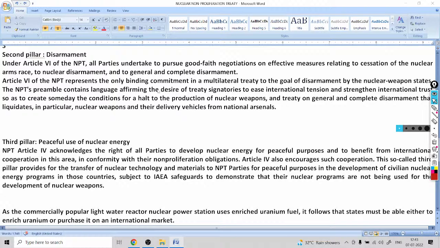So on disarmament, the overall aim is to see that countries will try for disarming nuclear weapons in particular, as well as go for not only weapons but the delivery mechanism. Okay, the delivery vehicles of the nuclear weapons will all be dismantled or destroyed in course of time, thereby eliminating the fear of nuclear war from the mind of the people, which remains a dream even today after the review conference of 1995.